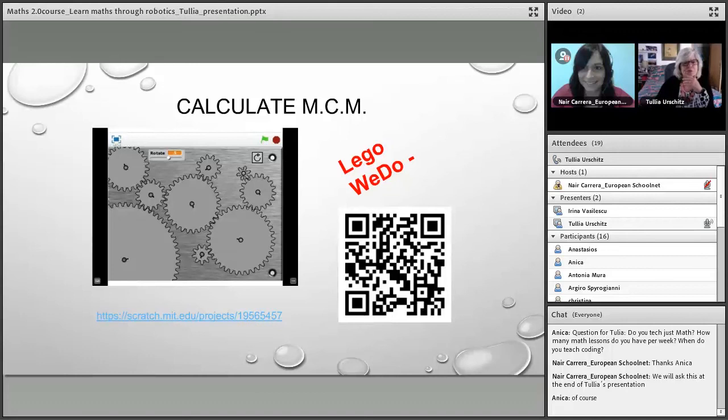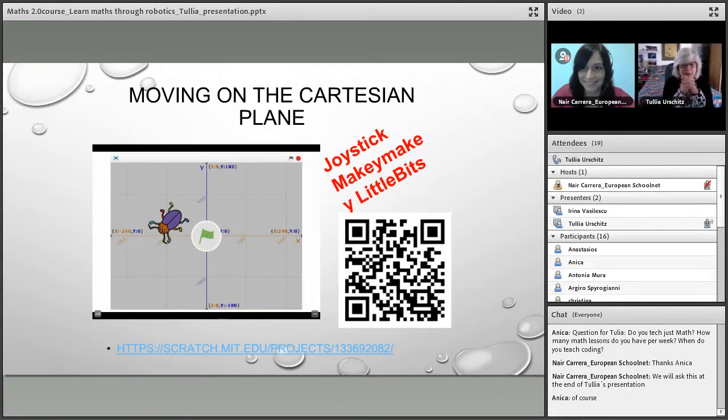This is not one of my projects, but I used it because working with Scratch, you can find a lot of resources, and the same with robotics. Sharing with others is very important, because this is the way in which you can be more confident in trying to introduce it in your teaching, and also you will work less because you can share with someone else. This is another example of using Scratch programming.